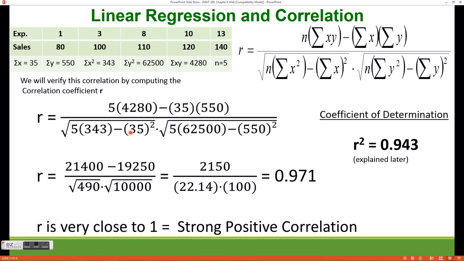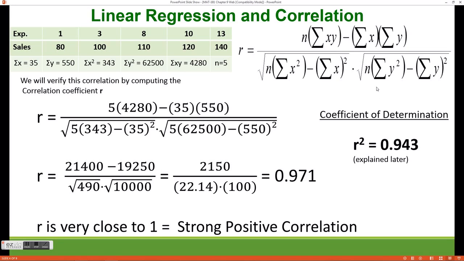So the sum of x being 35, I want to square that value. And then I also want to do the multiplication of 5 times 343, 343 being the sum of x squareds. I do those two multiplications and then subtract. That should yield me a value of 490. Eventually I will take the square root of that value.